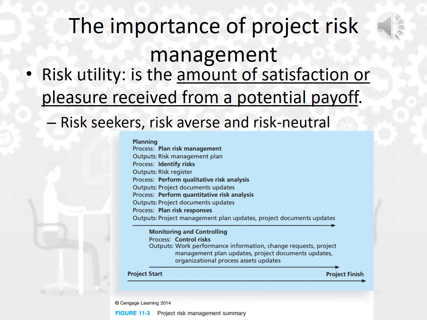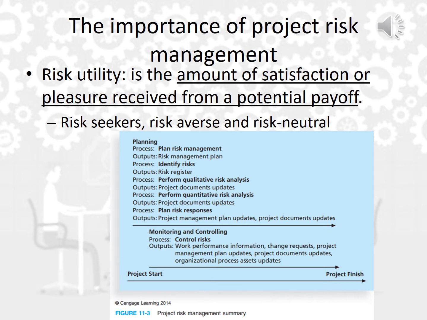So they are willing to accept higher risk compared to the second category, risk averse. Risk averse means those who are willing to accept a lower level of risk tolerance. So they will not go for higher risk, which is opposite to the risk seekers.